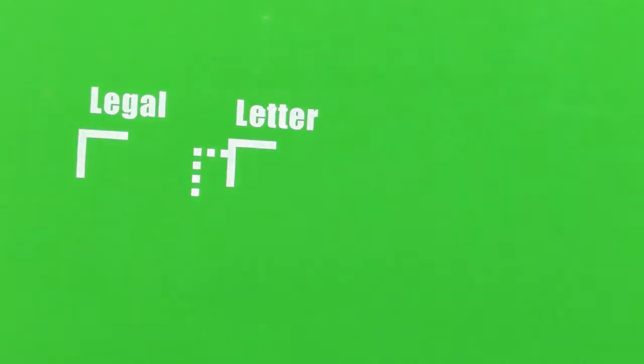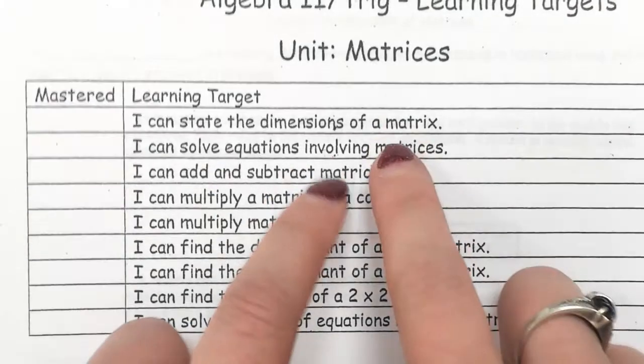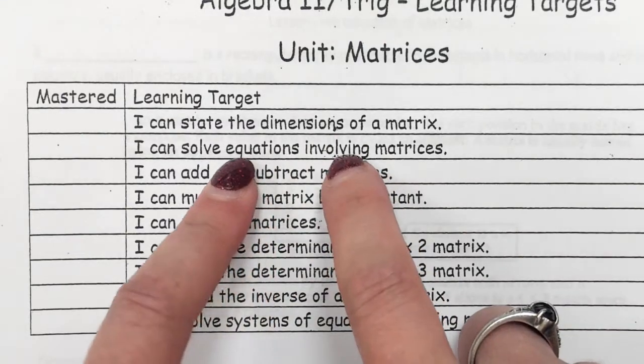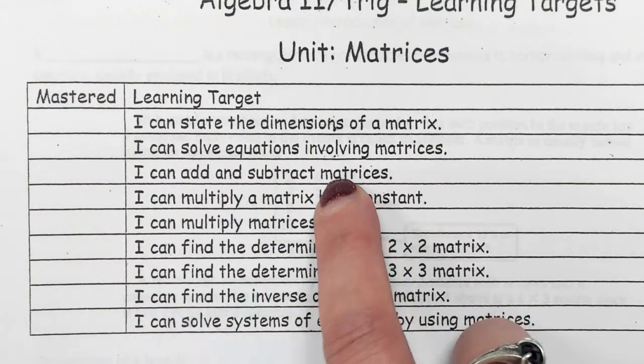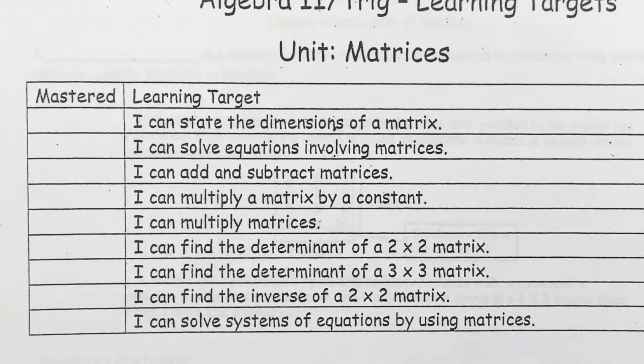You'll have a quiz and 2 tests out of this section. So let's talk about what your quiz is going to be on. The very first learning target: you can state the dimensions, you can solve equations, and you can add and subtract matrices. All that's going to be on your quiz, which we'll take later this week because it's very easy.